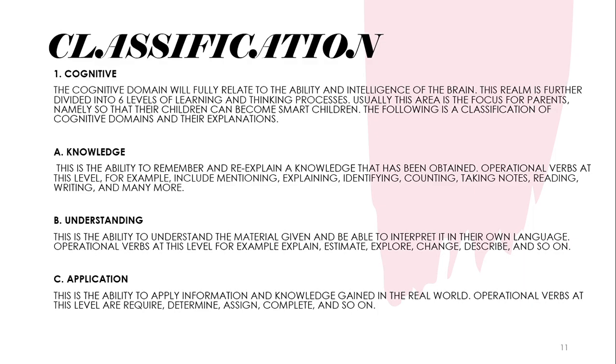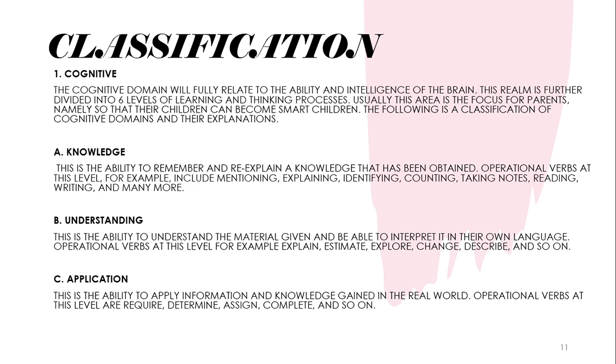Classification of the cognitive domain. The cognitive domain relates fully to the ability and intelligence of the brain. This realm is further divided into 6 levels of learning and thinking process. Usually, this area is the focus for parents, so that their children can become smart children.